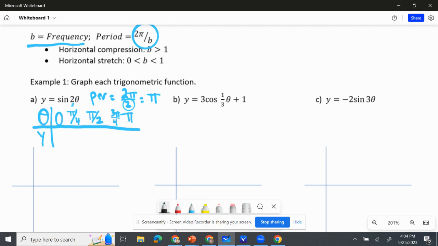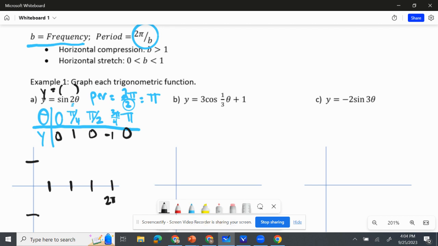So when we're looking at this, we're just writing it as y equals, and then we just plug in our normal sine values. So we have 0, 1, 0, -1, and 0. Notice that nothing changes except our x values, our theta values.